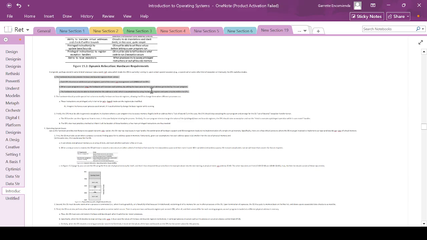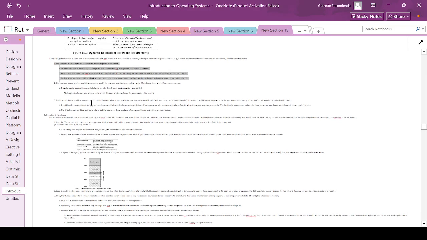So this base and bounds, commonly thought of as the MMU, is actually part of the CPU. When a user program is running, the hardware will translate each address by adding the base value to the virtual address generated by the user program.